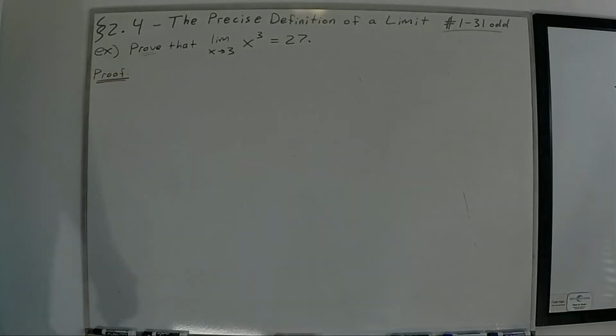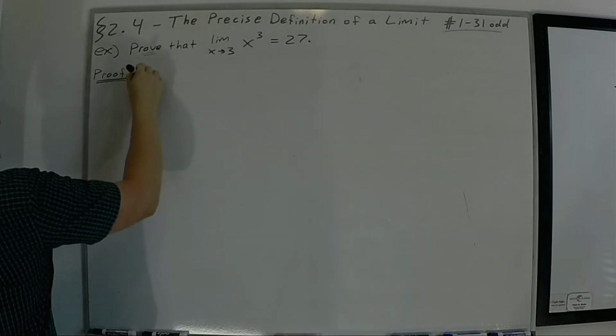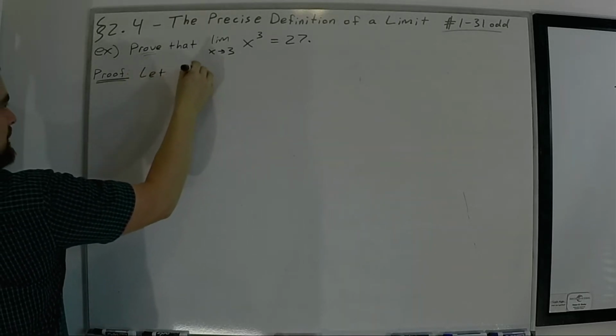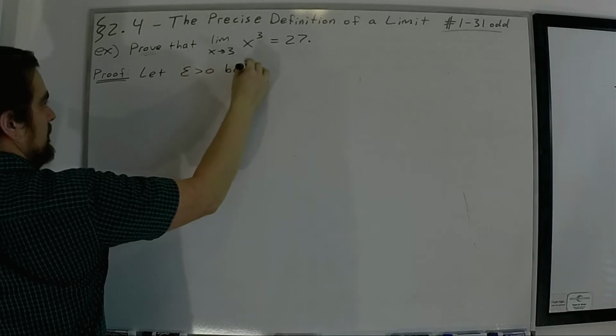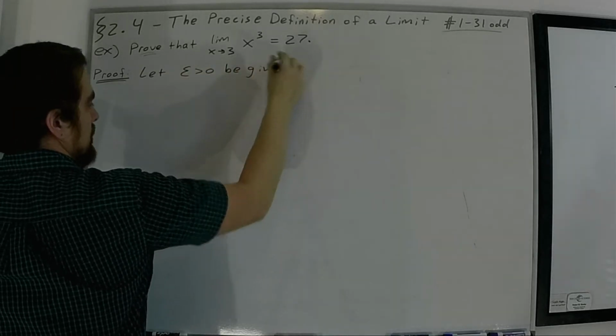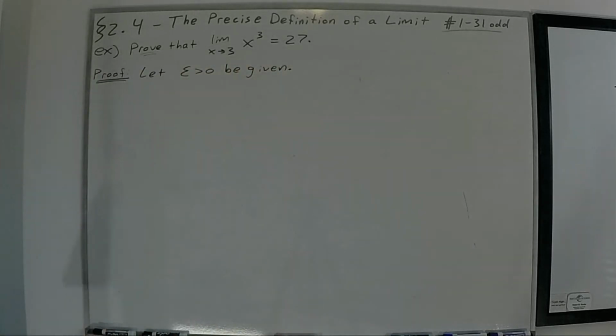So again, if we're writing out a proof with epsilon and delta, the first thing to start off saying is: let epsilon positive be given. Someone could give you any epsilon positive, so let it be given. Let it be known that someone has given you an epsilon that you need to satisfy.